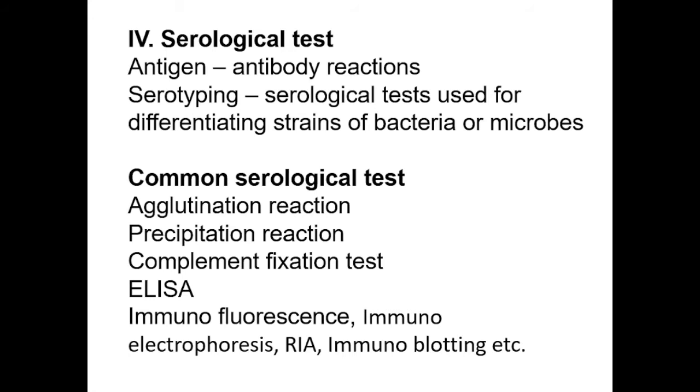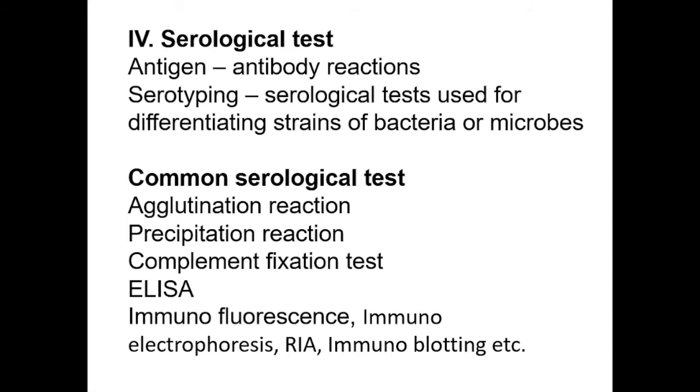because the test is very rapid and highly specific. Also, one of the important applications of this method in identification is that some of the bacteria or organisms are non-cultivable.